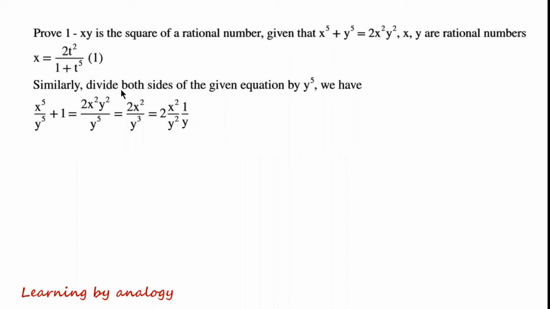Similarly, dividing both sides of the given equation by y to the power of 5, we have x to the power of 5 over y to the power of 5 plus 1 equals 2x squared y squared over y to the power of 5.